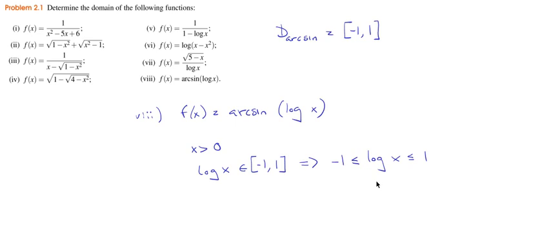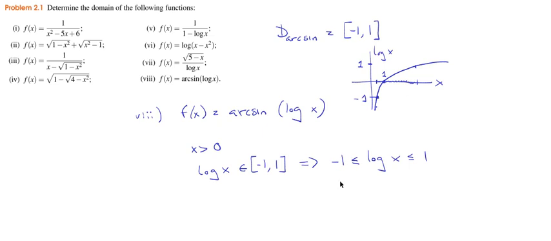okay? And now, okay, so if you plot the logarithm, it does something like this, okay, and this is 1. So there will be a value here that makes it minus 1 and 1, okay? And so, okay, we want to find the values that make this, and every value in between will be valid for this function, okay?